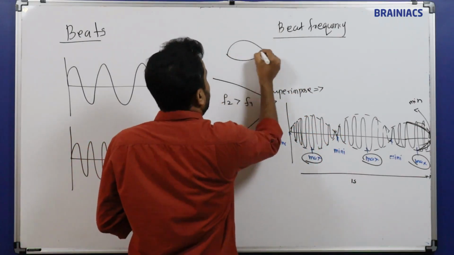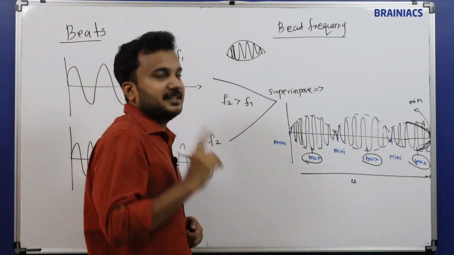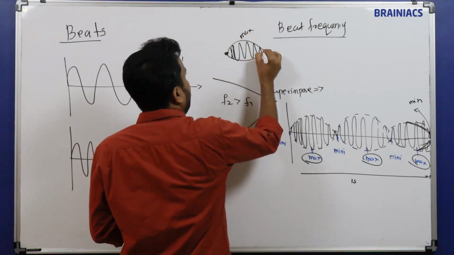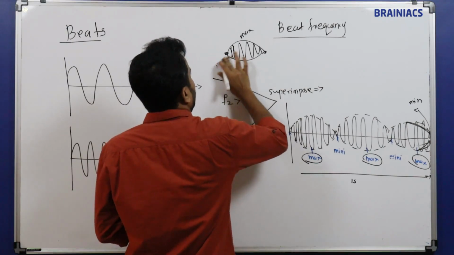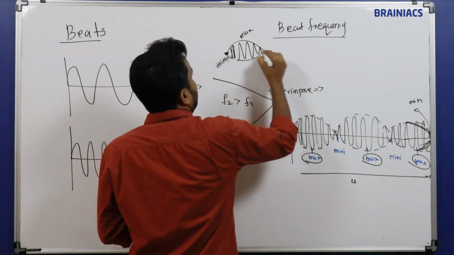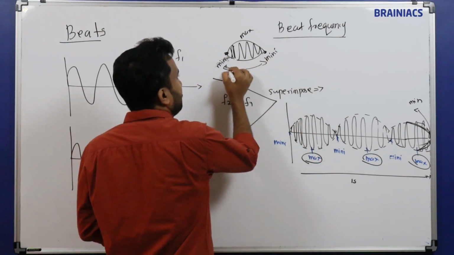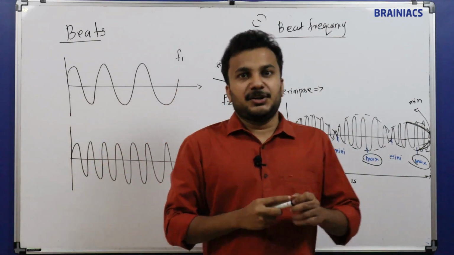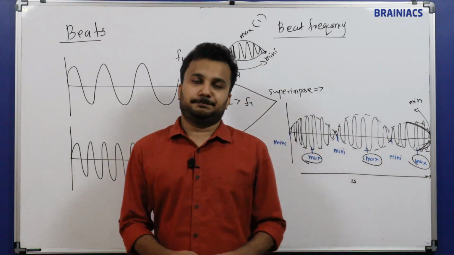For example, if only one pulse you are considering in 1 second, how many maxima? Here we have 1 maxima. How many minima? Here we have 2 minima. So this is 1 minima, and this is 1 minima. So totally 2 minimas and 1 maxima. So always the number of minima count will be incremented by 1.